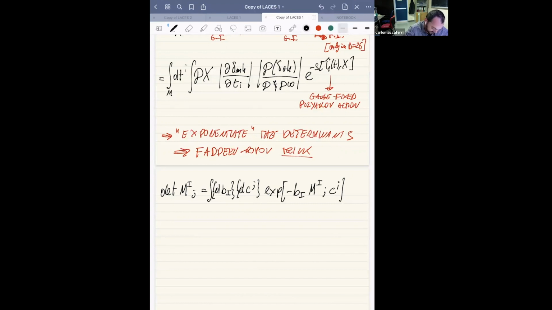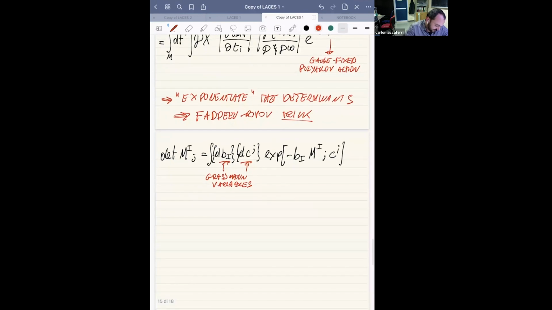But there is something very important about this integral that I still didn't mention, but I'm sure you know it already. These guys here are not ordinary integration variables, but Grassmann variables. So they are fermionic, let's say. So this integral here is in fact a Berezin integral. What does that mean?